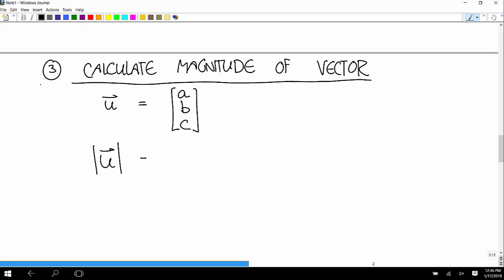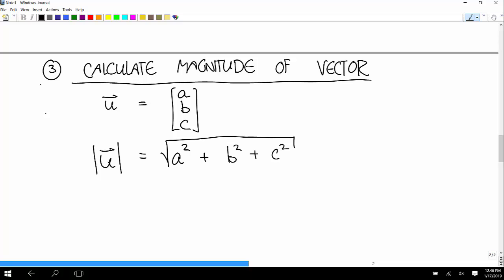And to calculate that, it's the sum of the squares of the components, so A squared plus B squared plus C squared, all square root. And the reasoning of that is just the Pythagorean theorem.